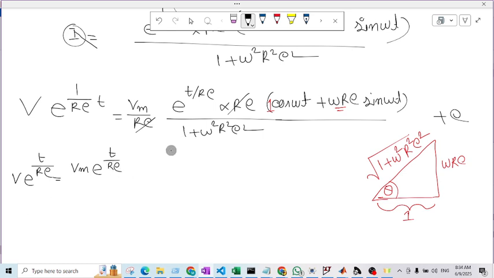Now let's split this thing. Can we write this like this, root over 1 plus omega square R square C square, and we have another root over here, right? And let's do another thing. Let me write this equation and then you pause this video and see what will happen.